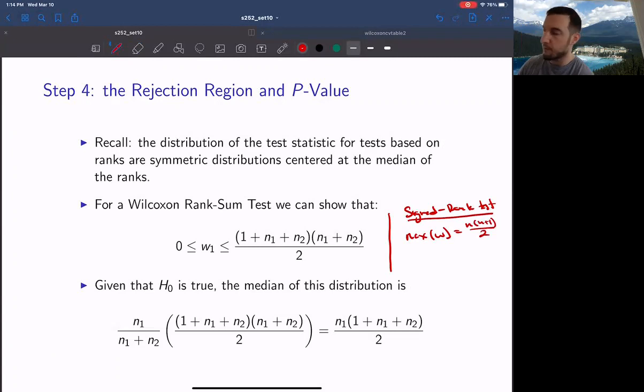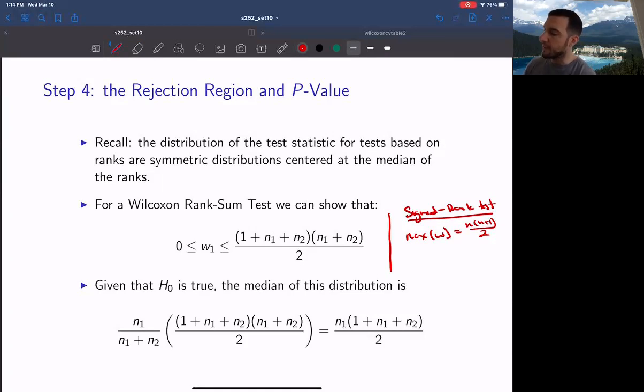This is essentially the same thing. We're basically just saying it's the sum of the total sample size across both samples, plus 1 multiplied by the sum of the total sample size across both samples. So this is not different really from n times n plus 1 over 2. It's just that we're considering each sample's contribution separately. So the range for the test statistic is going to be between 0 and the maximum of the sum of the ranks.